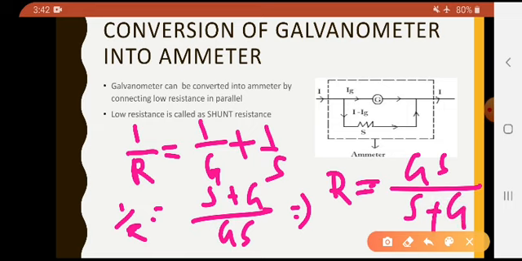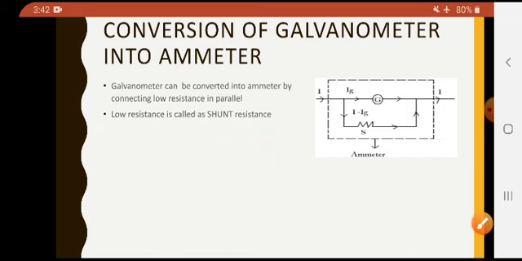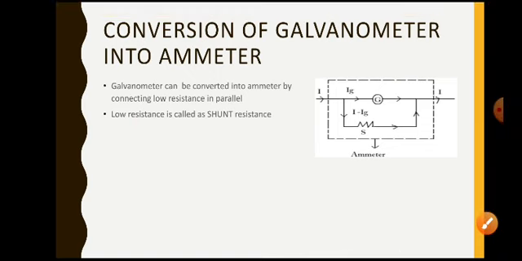This is the effective resistance when you connect a shunt to the galvanometer in parallel. So the effective resistance of the ammeter is smaller than the shunt resistance. Since the shunt is a low resistance, the resistance of the ammeter is very low, and when connected in series in the circuit it does not affect the current passing through the circuit.